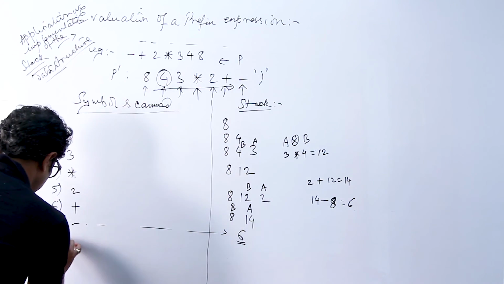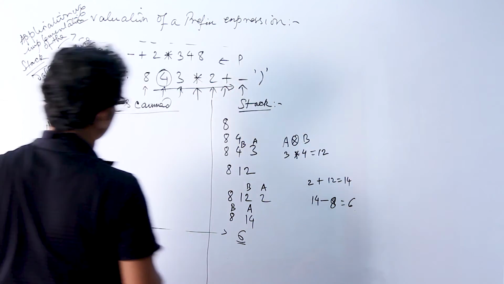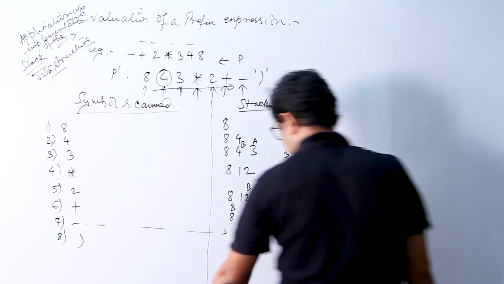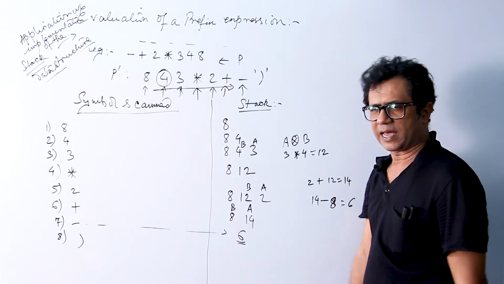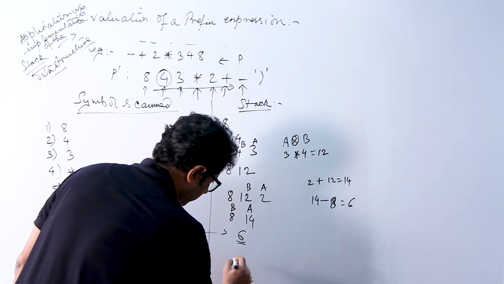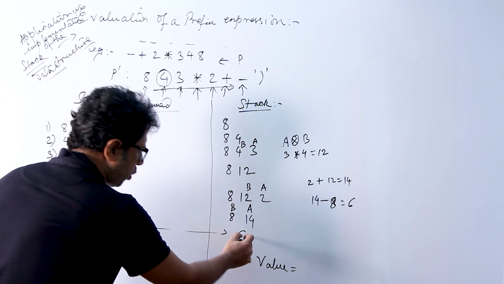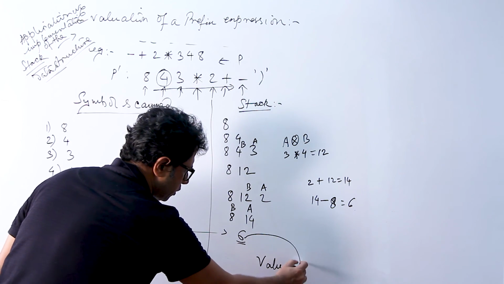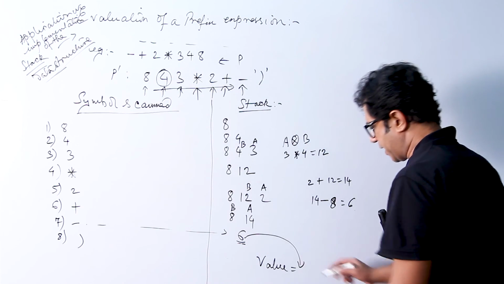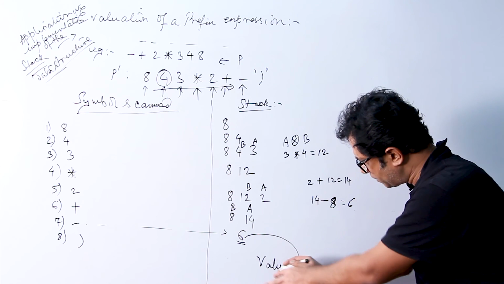Now after that we encounter the closing parenthesis, or the right parenthesis, and as soon as we encounter the right parenthesis, we exit the algorithm. There is a variable called value into which we will pop the solitary element, that is the topmost element here, which is 6, and assign it to the variable value.